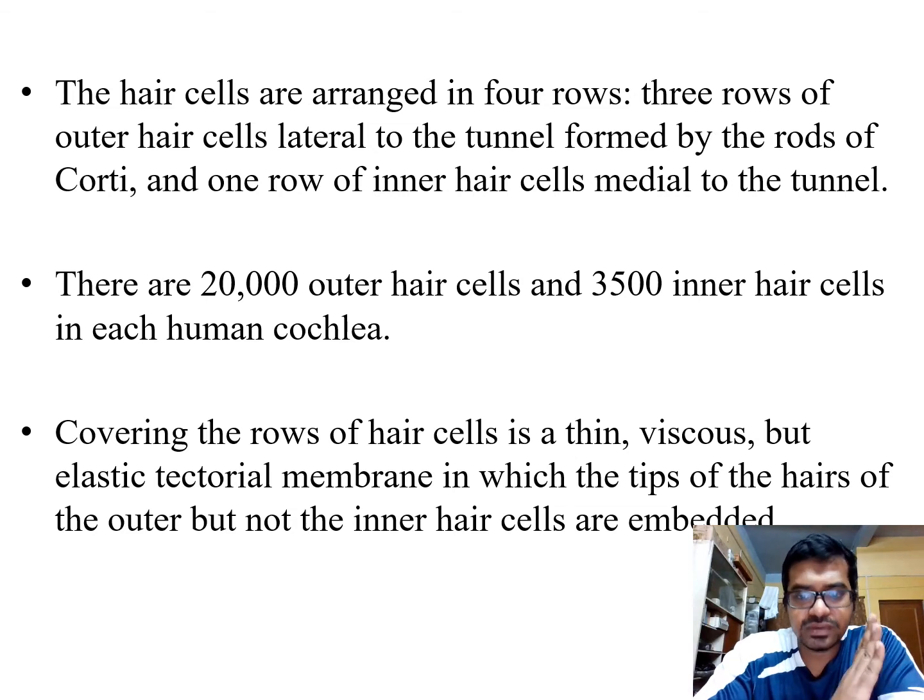The tips of the outer hair cells are embedded in this tectorial membrane. So basically the outer hair cell tips are embedded in the tectorial membrane above, and the hair cell itself is embedded in the organ of Corti below. But for the inner hair cells, the tips are not embedded in the tectorial membrane, they are free.